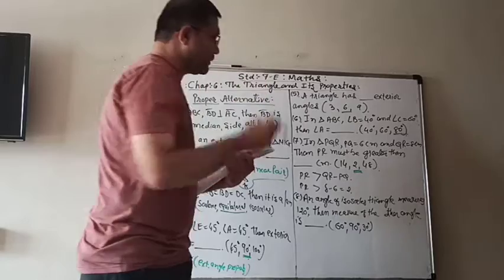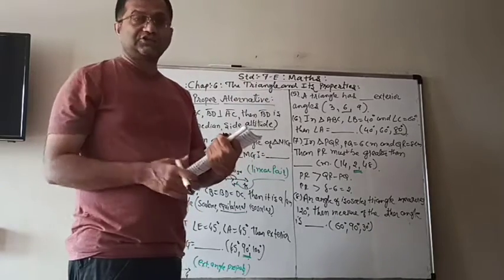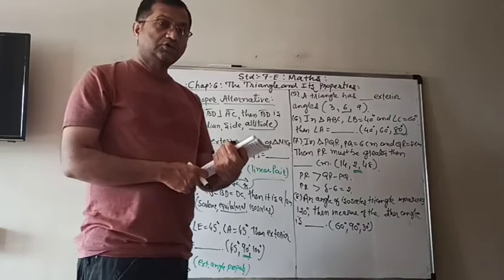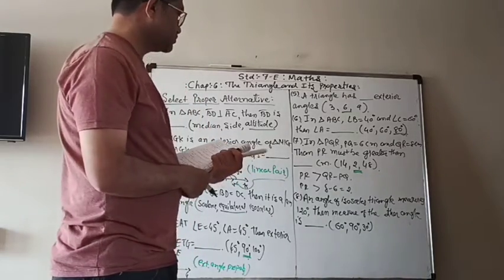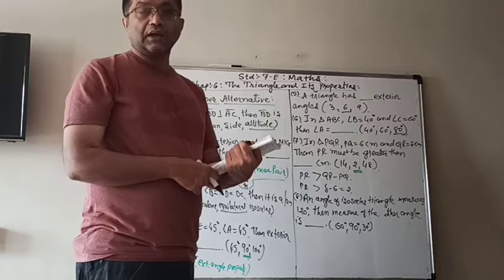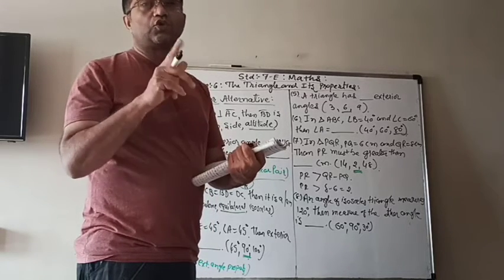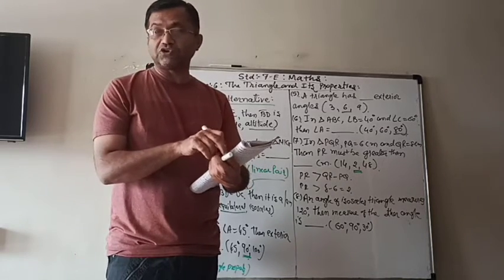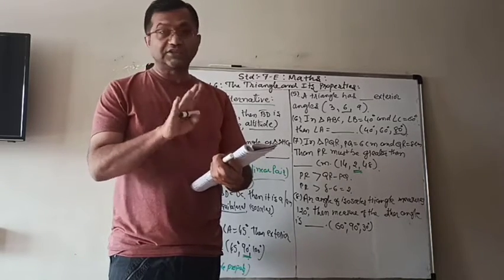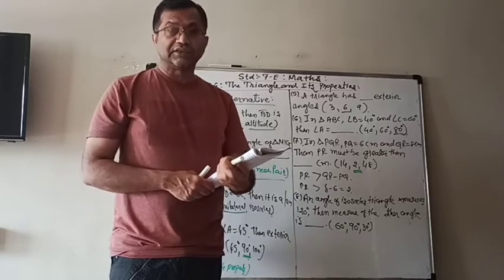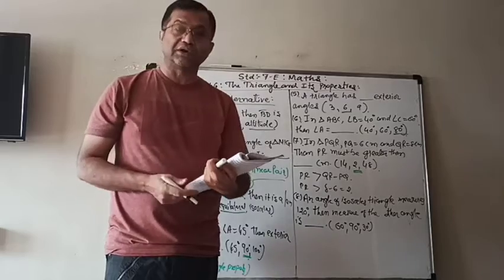Now you have to use your mind. One angle is 120, but you see that it is an obtuse angle. And a triangle cannot have two obtuse angles. Because it's an isosceles, two angles will be equal, so the other angles cannot be 120. Therefore the other two angles must be equal.